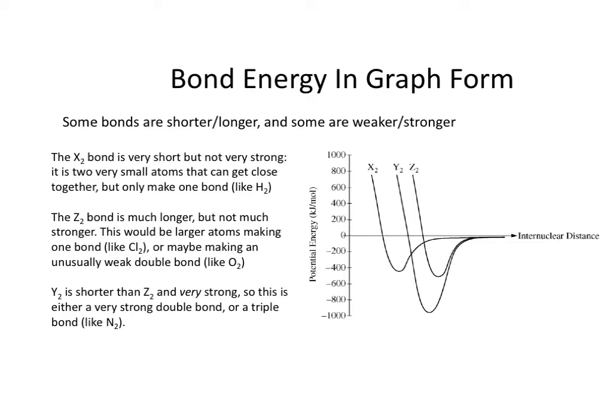So, for example, let's look at X2, the bond that it's representing. That particular bond has a bond energy of maybe negative 450, something like that, kilojoules per mole. We can't say anything about the bond length because we don't have an x scale here, but it's a relatively short bond length.